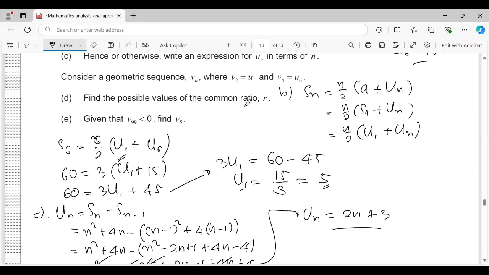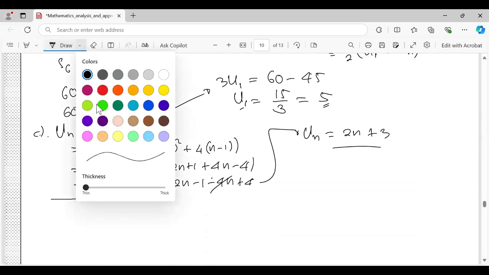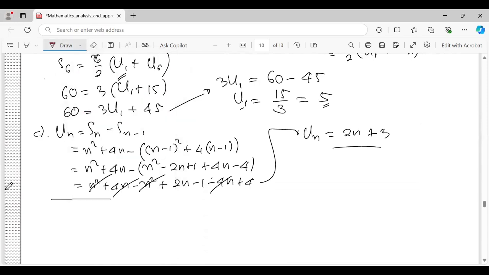We're going to find R. I'm going to use a different color. V2 equals U1 equals 5, V4 equals U6, 15.